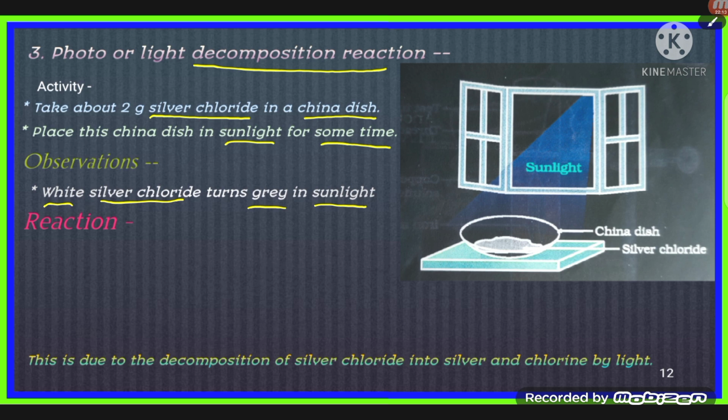Chemical equation of this reaction: when AgCl, silver chloride, is exposed to sunlight, it turns to silver and chlorine.